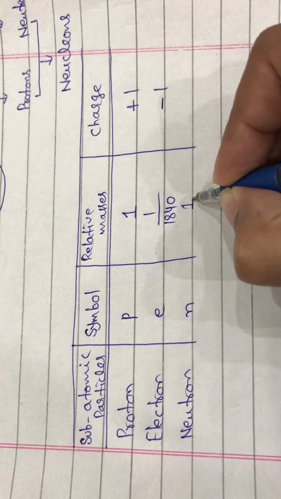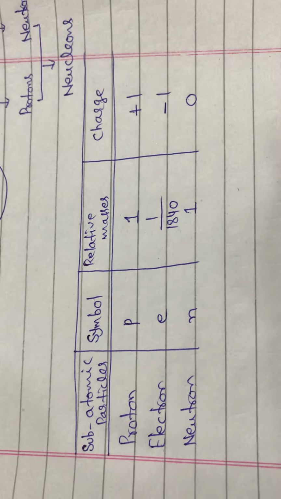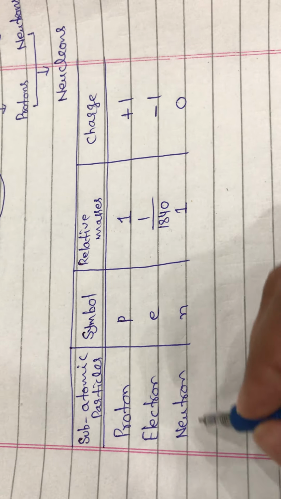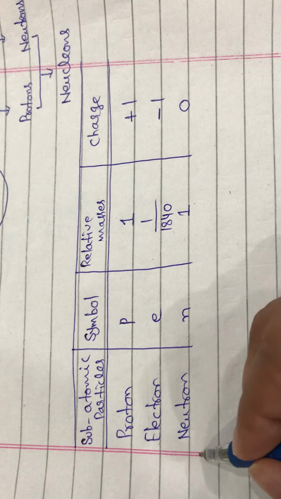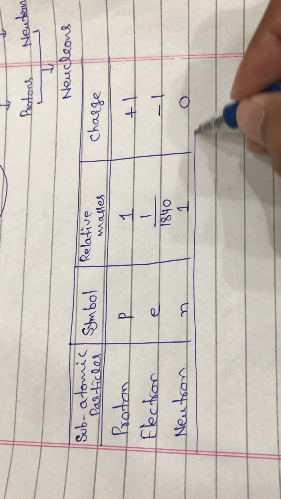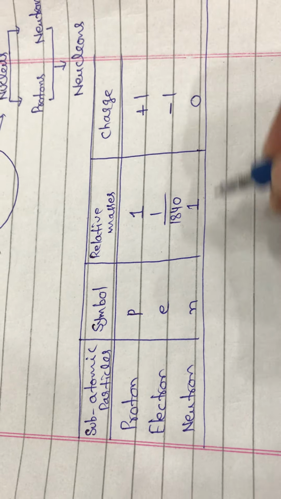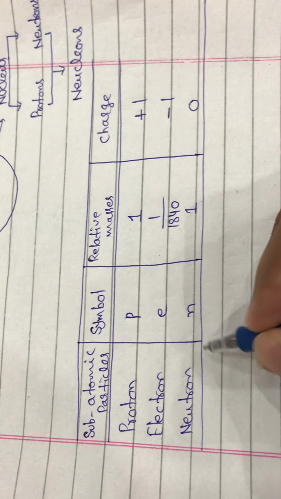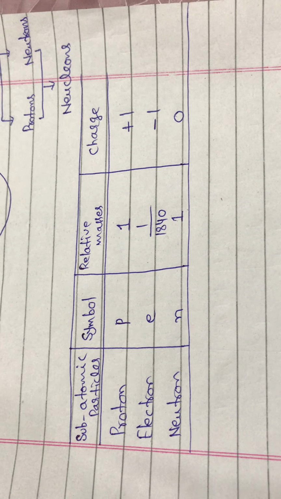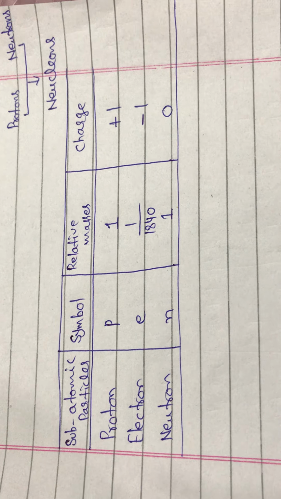Its mass is 1 and charge on it is 0. What is meant by 0? 0 means that it has no charge on it, it is a neutral particle. It doesn't have any electrical charge on it.